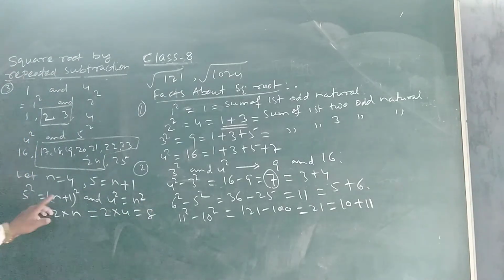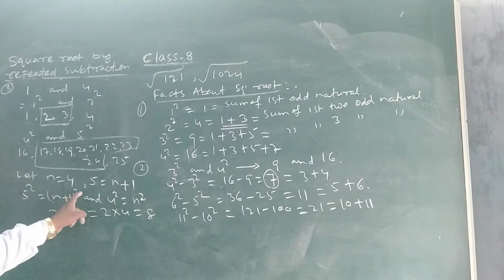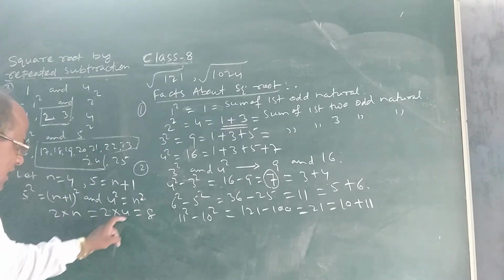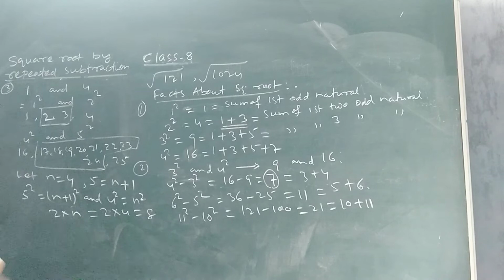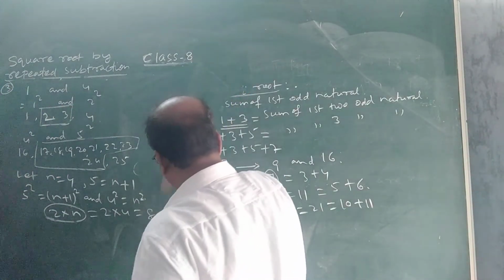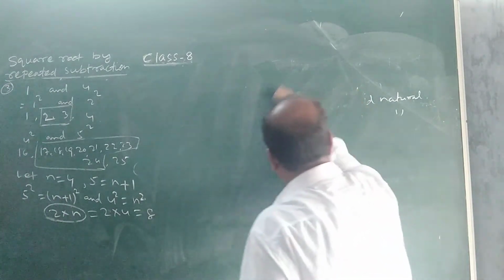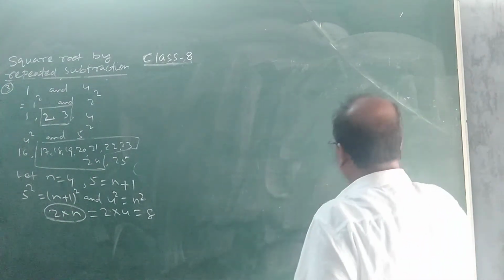So between n plus 1 whole square and n square, how many non-square numbers are there? This is the formula. There are 2n non-perfect squares between the squares of any two consecutive natural numbers.